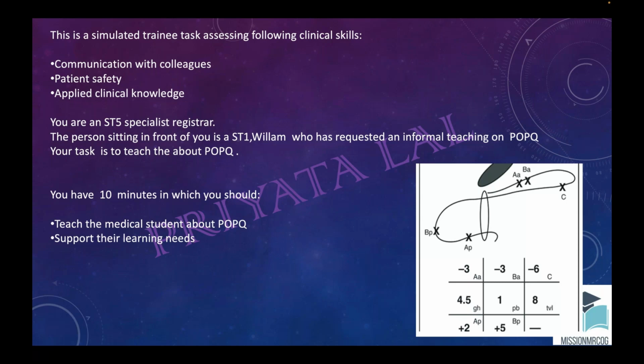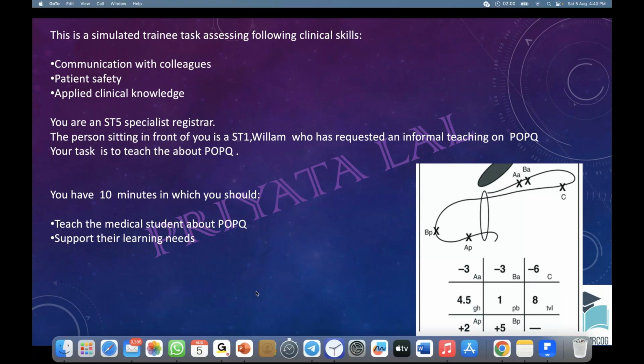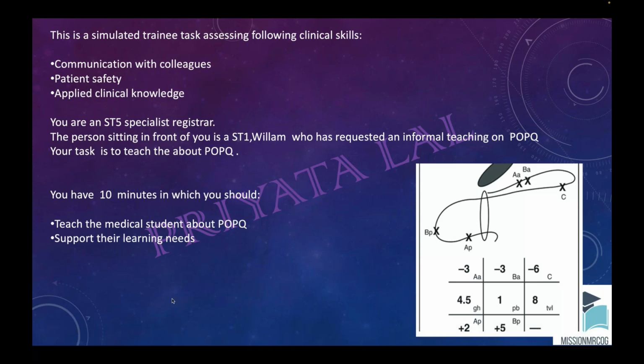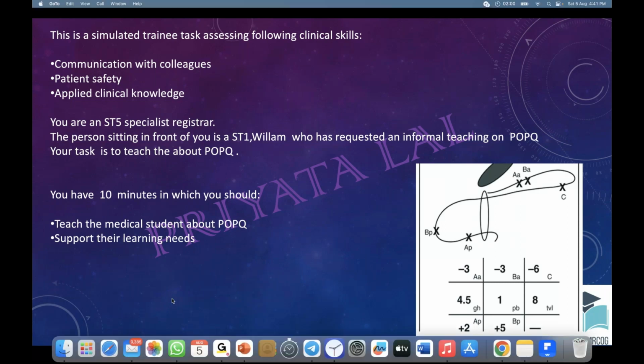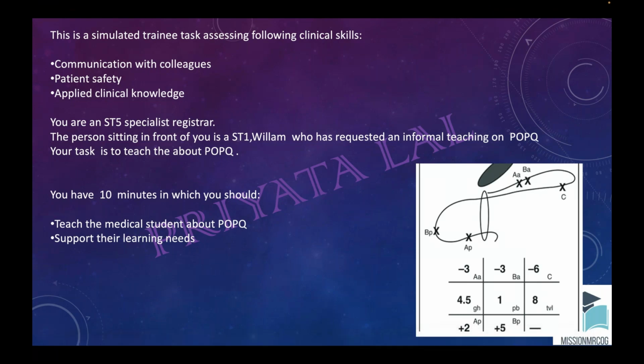The next column shows 4.5, which is the genital hiatus, GH. That is the measurement of the distance from the middle of the external urethral meatus to the posterior midline portion of the hymen. That is 4.5. That's also normal.